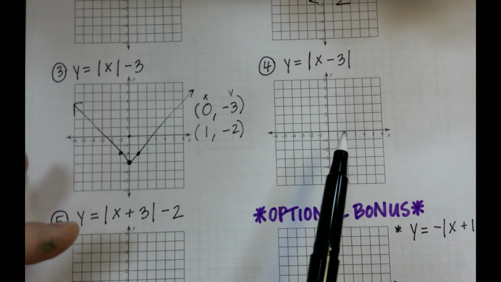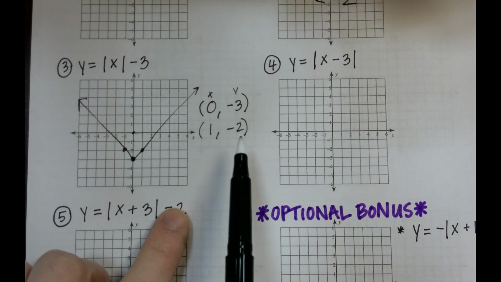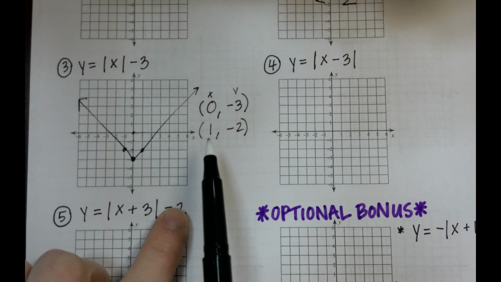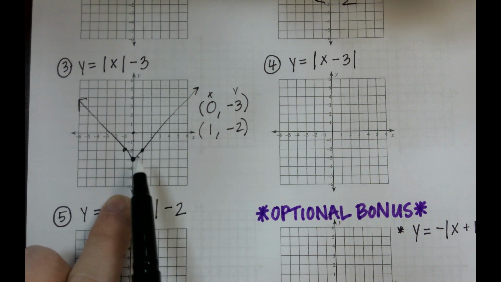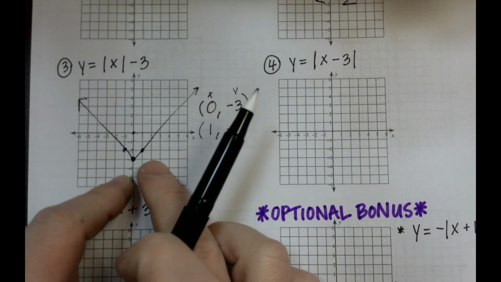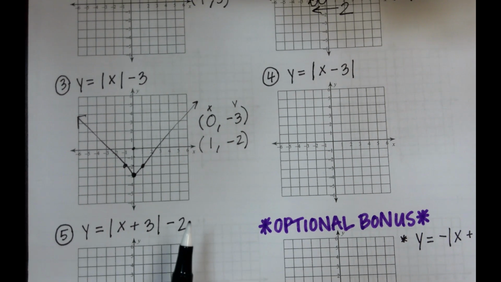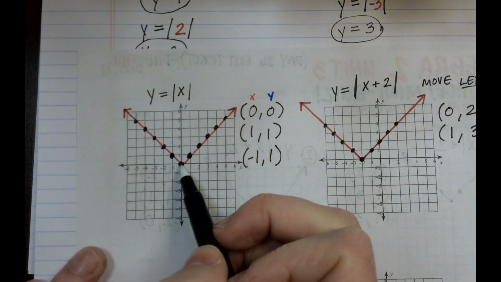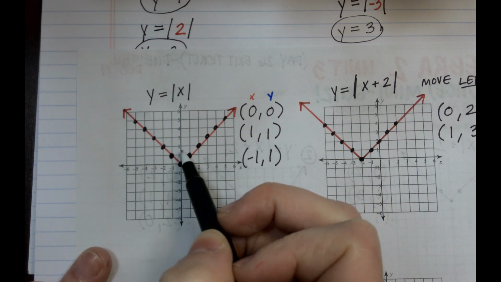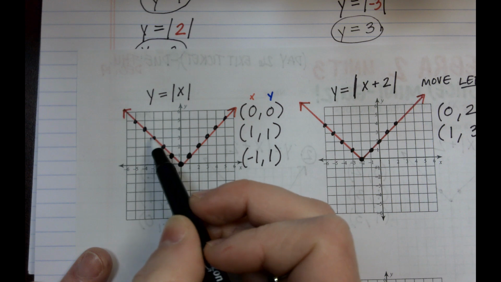I see where you got -3. How did you get to where you made the V? Right here. I made the V because I knew that the parent function, the original absolute value of x, always starts at 0 and then goes up 1 over 1, up 1 over 1.